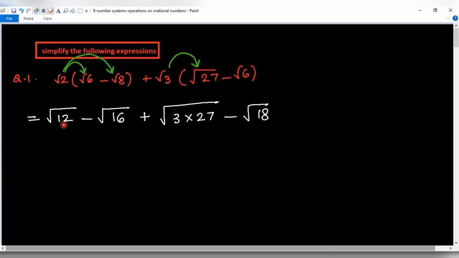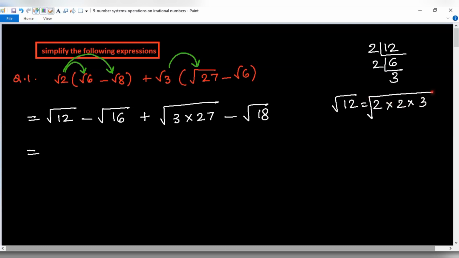Now, here we know 12. 12 can be written as what? When we factorize 12, we will get 2 into 2 into 3. So root 12 is actually root of 2 into 2 into 3.